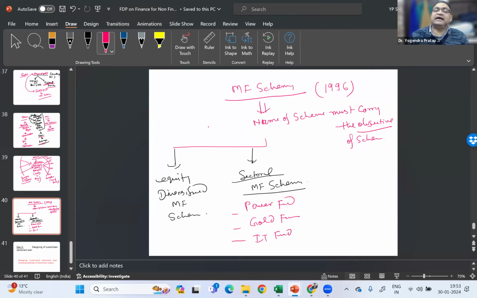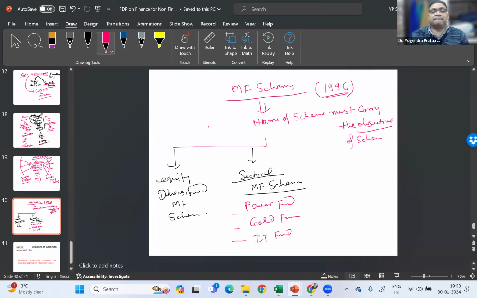As the name says, and it was done in 1996. Before 1996, schemes were highly confidential. Fund managers were not able to disclose their investment objective. But Mr. P. Chidambaram, the then finance minister, in 1996 made it mandatory for all the fund managers to build a broad objective into the name itself.